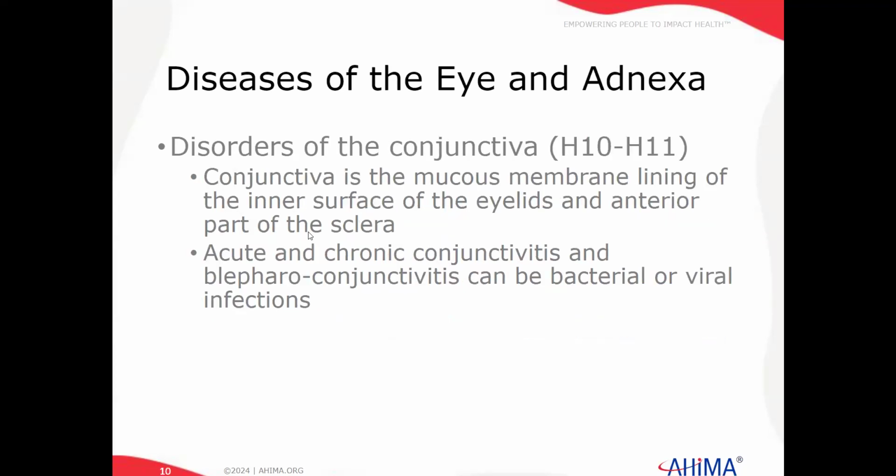The conjunctiva is basically the mucous membrane lining on the inner surface of the eyelid. Sometimes this can be infected and we can have conjunctivitis, which can either be acute, chronic, or blepharoconjunctivitis. And the cause can either be bacterial or viral.